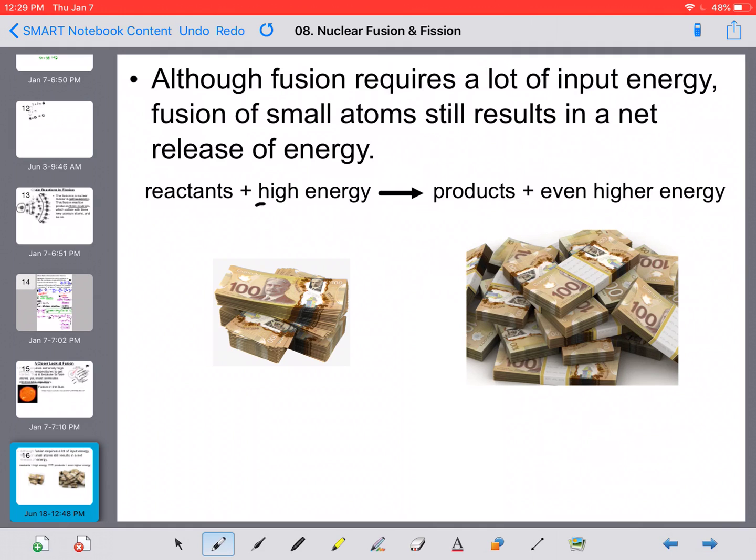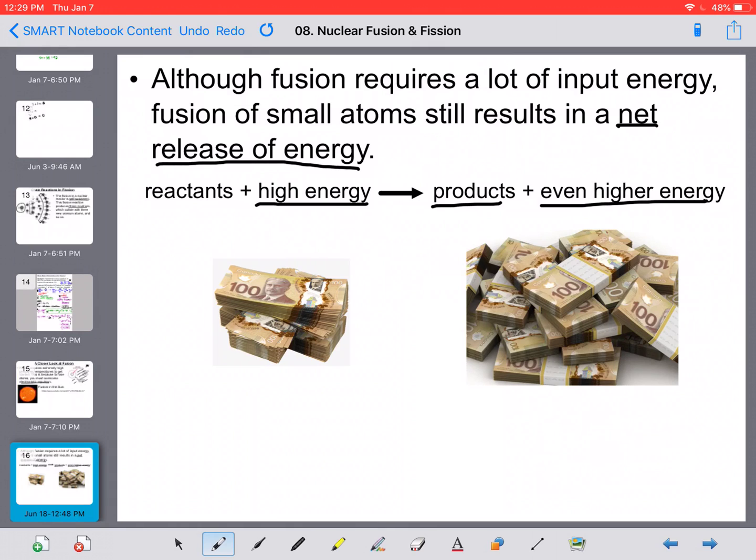In order to make the reaction happen, you need to have a high input energy. If you do this successfully and the reaction occurs, then you're going to end up with your products and you will get out an even higher amount of energy than you started with. So it will still result in a net release of energy.